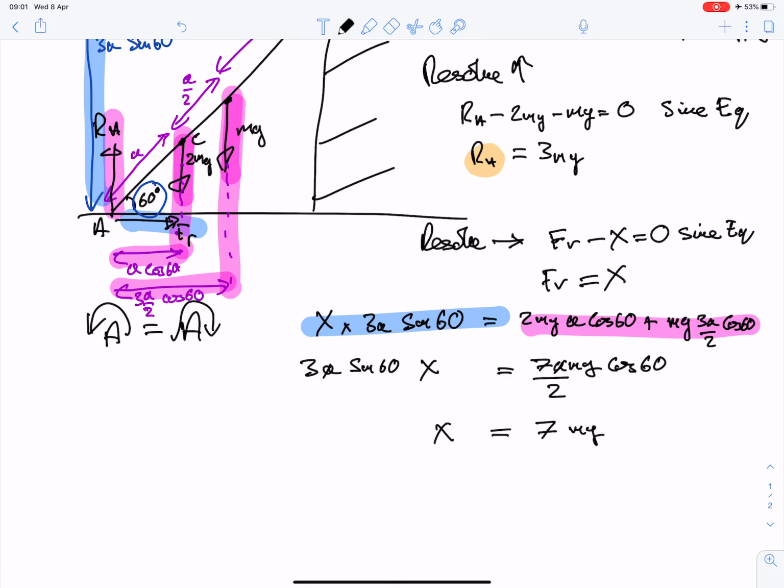So this bit's coming from these two forces and these lengths.